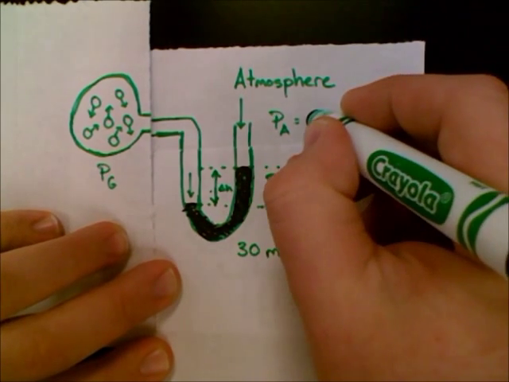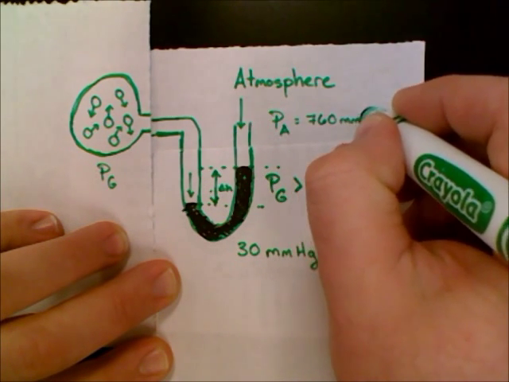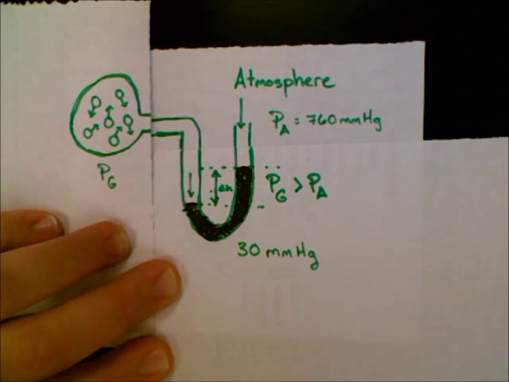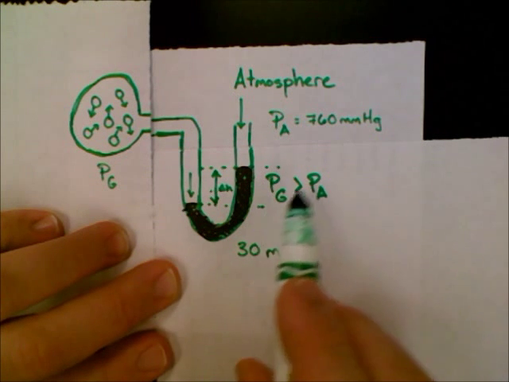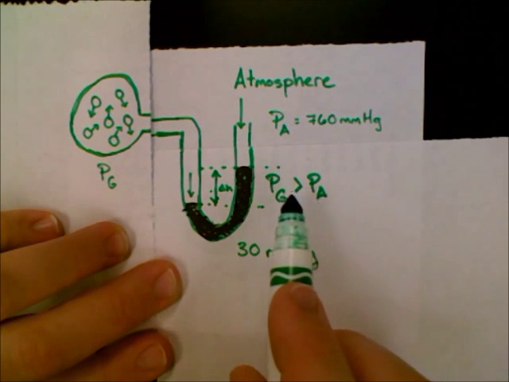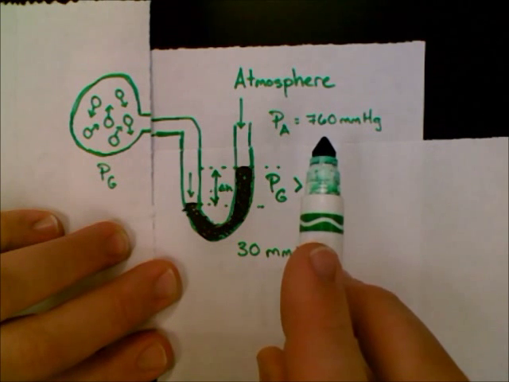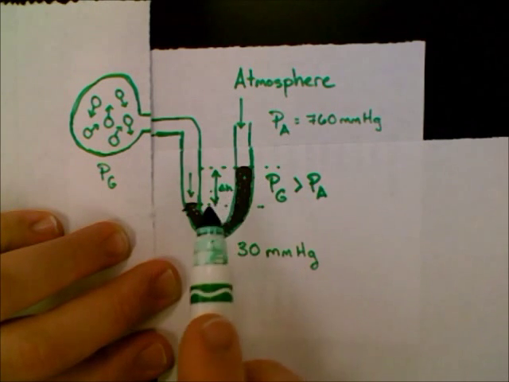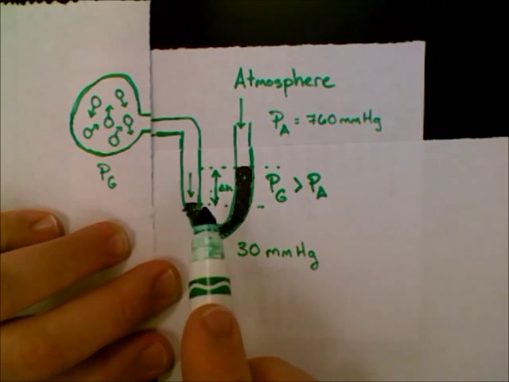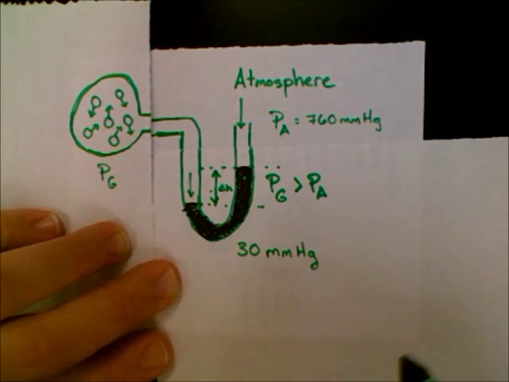And we know that atmospheric pressure is 760 millimeters of mercury, which we may have measured using a barometer. Well, because the pressure of our gas is more than the pressure of the atmosphere, we know that the pressure of the gas has to be greater than 760 millimeters of mercury. The question is how much? Well, our device here tells us that. It tells us that the gas is pushing with 30 more millimeters of mercury.